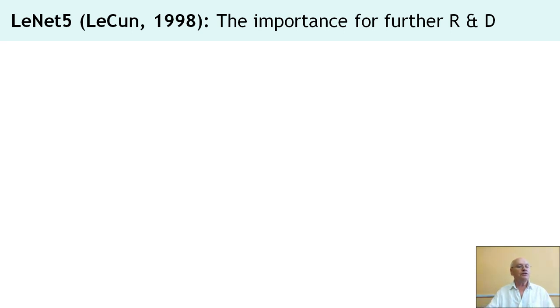LeCun introduced this method together with the so-called LeNet-5. This is just a name. It is a neural net architecture, and it is very important. It was the very beginning of the new era of deep learning, and the importance for further research and development works was as follows.